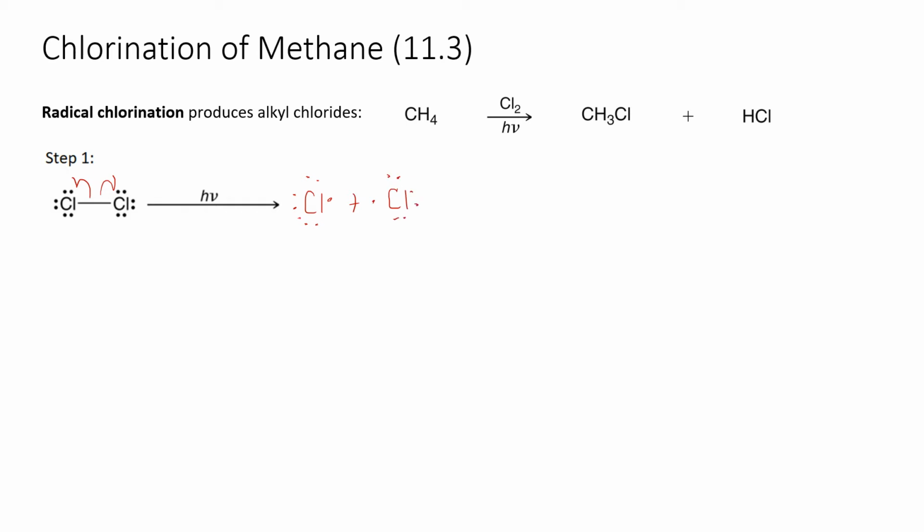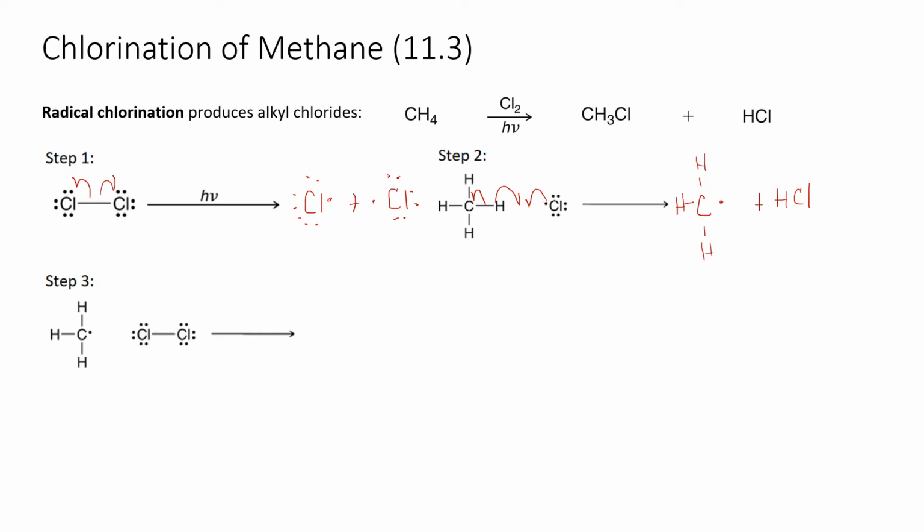After we have that initiation step, we begin our propagation step. So remember, that moves free radicals from one atom to the next. Since we have this chlorine radical, now we can have a hydrogen abstraction, forming a methyl radical plus hydrogen chloride.